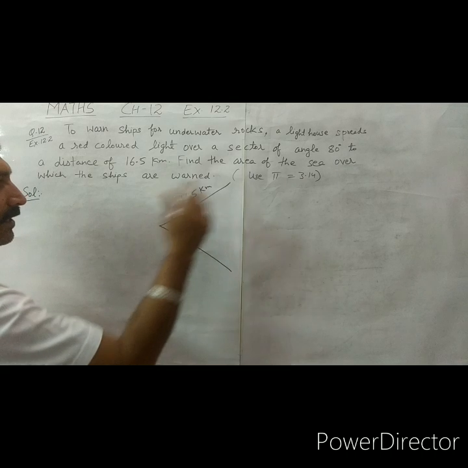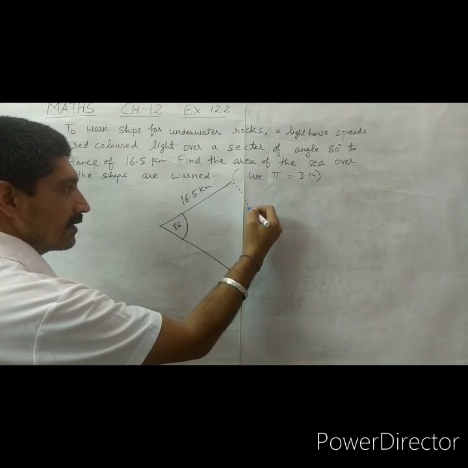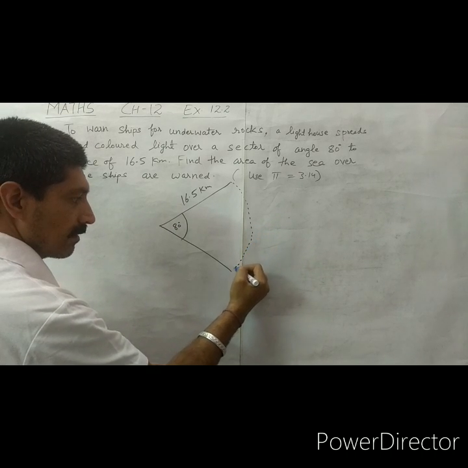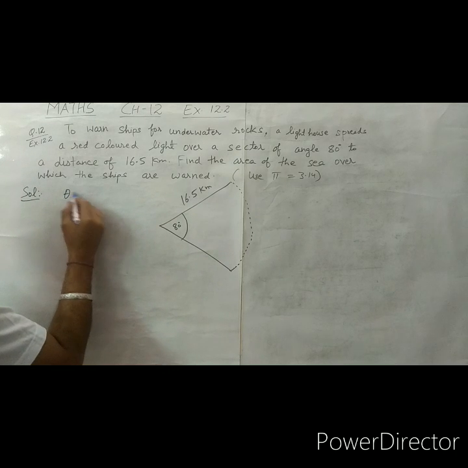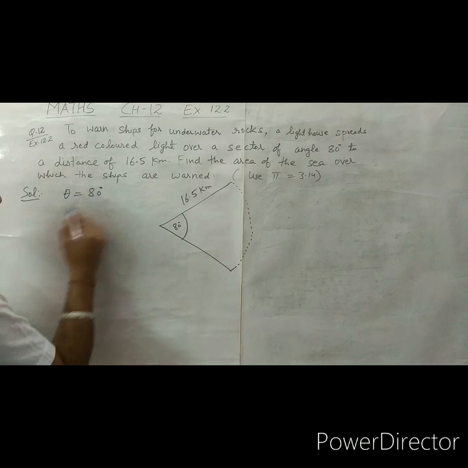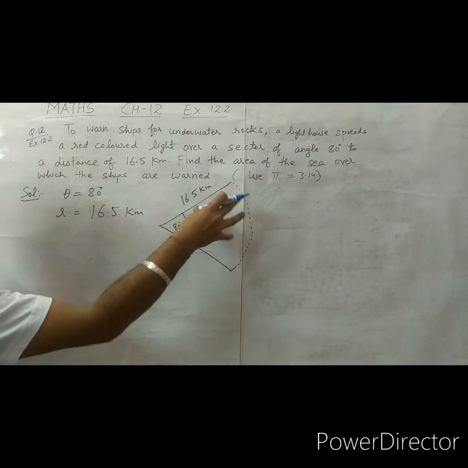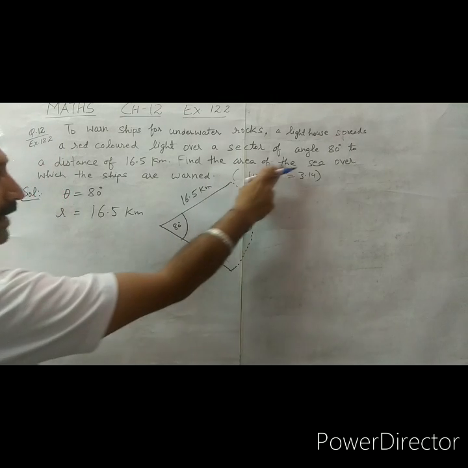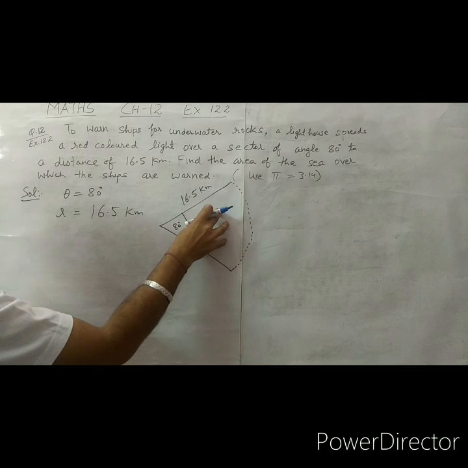This is a lighthouse here and the radius here is 16.5. So theta, the angle, is 80 degree, and radius R is 16.5 kilometer. So we want to find the area of this sector, the area of the sea over which the ships are warned. So this is the area.